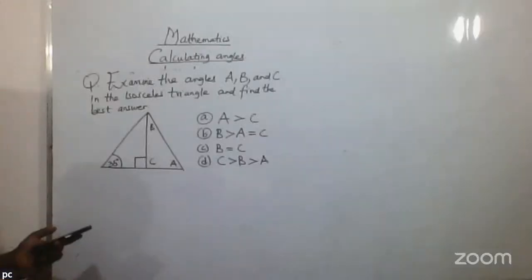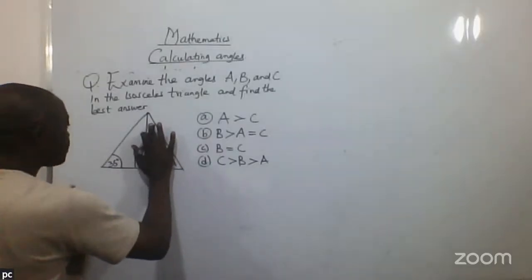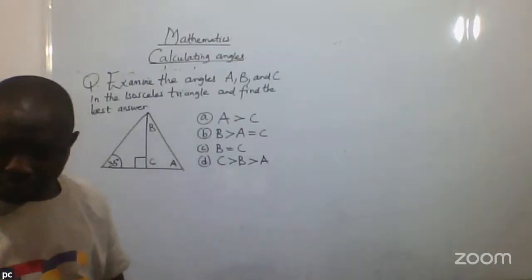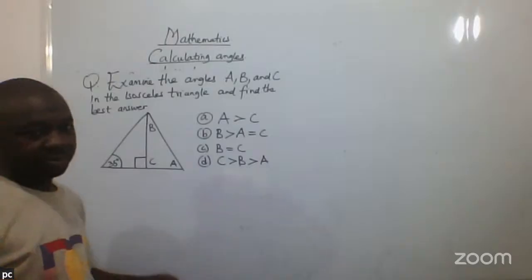All right, look at this question. Examine the angles A, B, and C in the isosceles triangle and find the best answer.